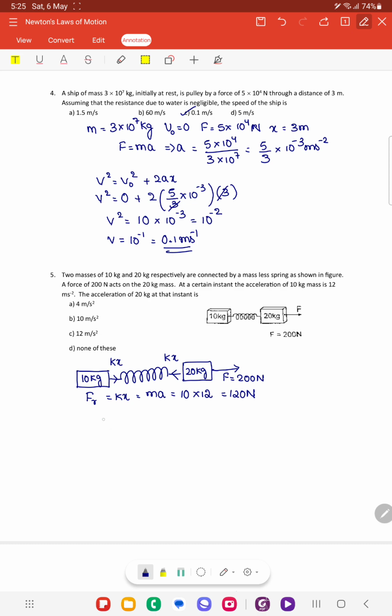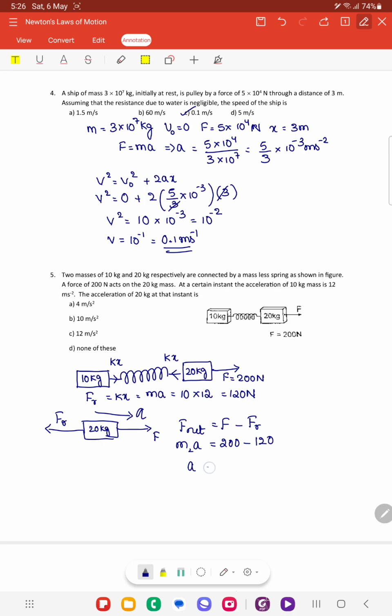Now, when you consider the 20 kg object, the applied force is F, the restoring force Fr acts in the opposite direction, and the net acceleration is acting in the direction of F. So, F net is equal to F minus Fr, and F net is m2 into A. F is given as 200 Newton, and the restoring force we have calculated is 120.